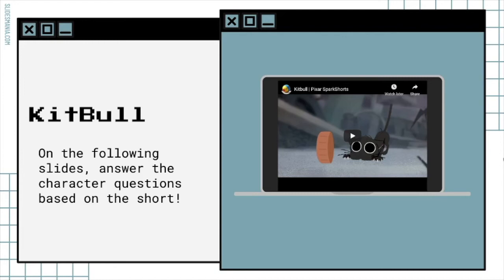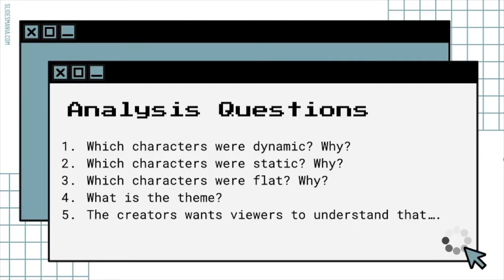Moving on to the analysis questions. Which characters were dynamic, static, and flat, and why? The character that was dynamic is the kitten. At the beginning, the kitten was just like any other kitten, looking for food, trying to find a warm place to stay, and scared of everything.